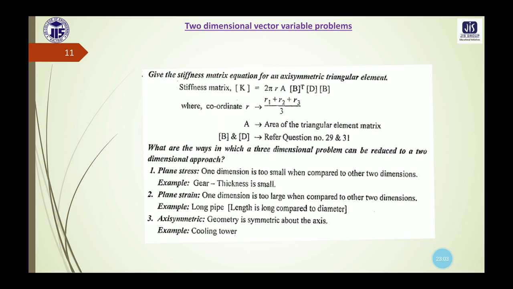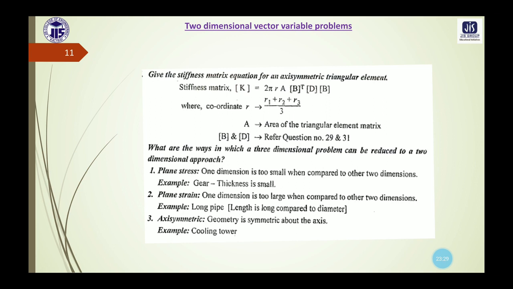Our next question is, what are the ways in which a three-dimensional problem can be reduced to a two-dimensional approach? This concept was already discussed earlier. In case of plane stress, one dimension is too small compared to the other two dimensions. The example is a gear, where the thickness is small.